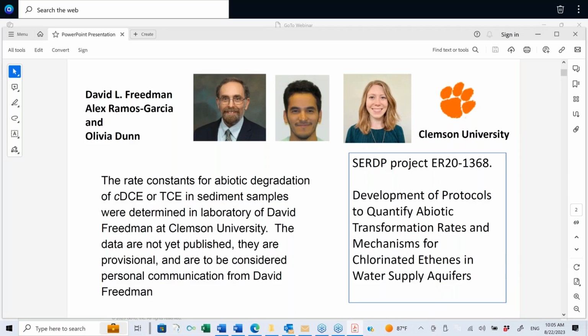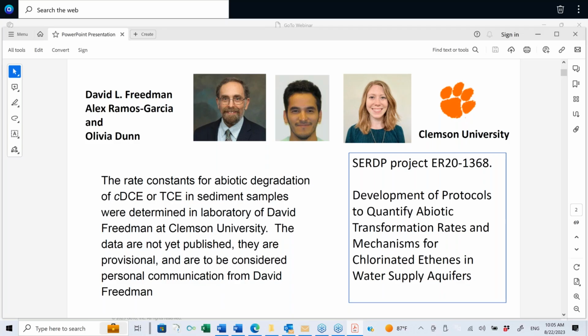One of them is with David Friedman and his students at Clemson University to develop a laboratory protocol that actually directly measures rate constants for abiotic transformations. It's part of their project to develop protocols to quantify these transformation rates and understand the mechanisms of abiotic transformation in water supply aquifers.